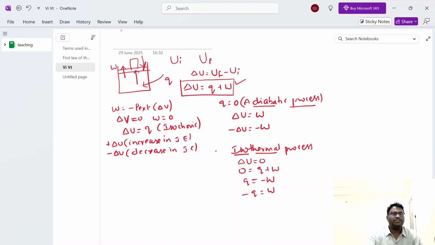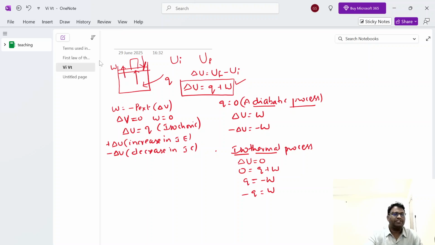Then what does that represent? If some work is done on the system, then some amount of heat energy is released, if there is no change in the internal energy. So this is about the first law of thermodynamics.